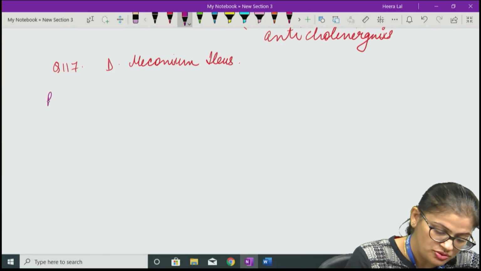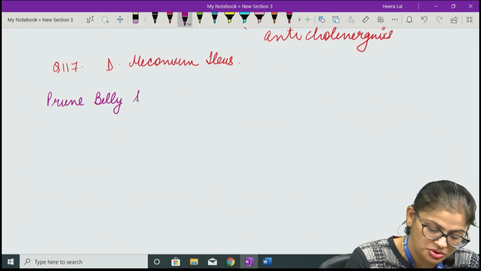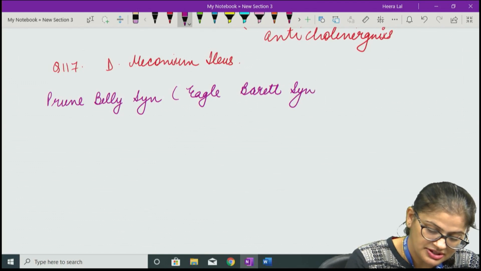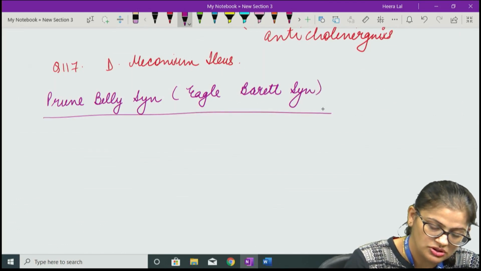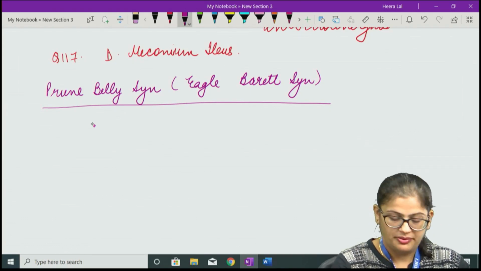So Prune belly syndrome is also known as Eagle-Barrett syndrome. And it results in wrinkling of the abdominal skin.